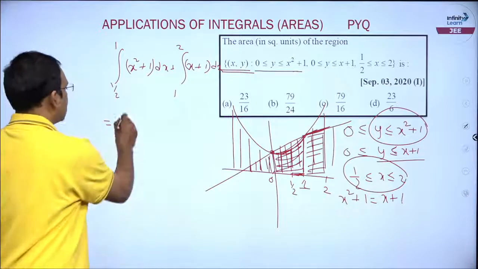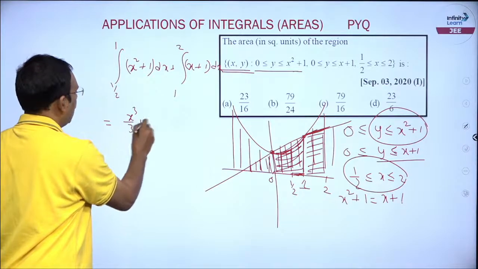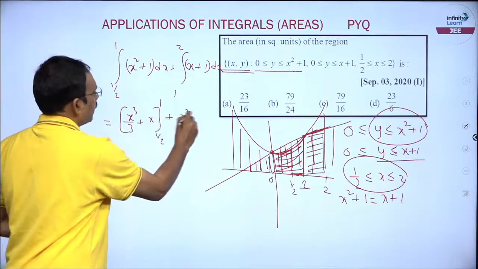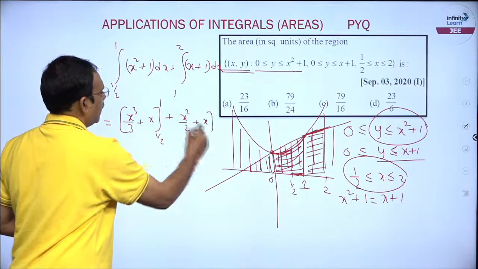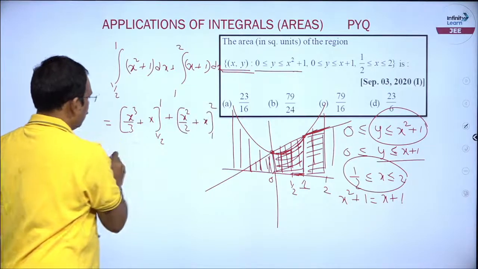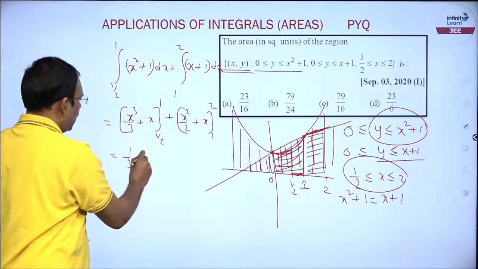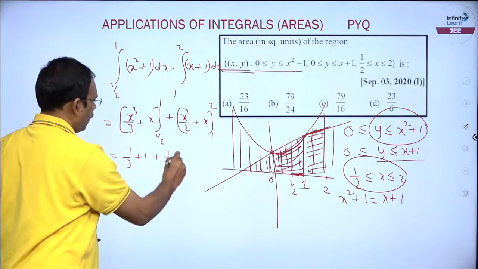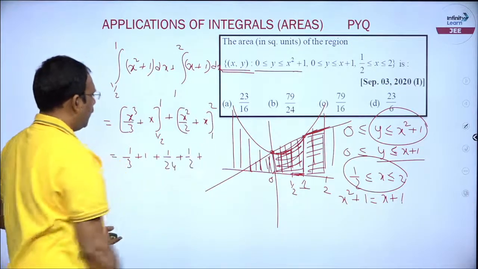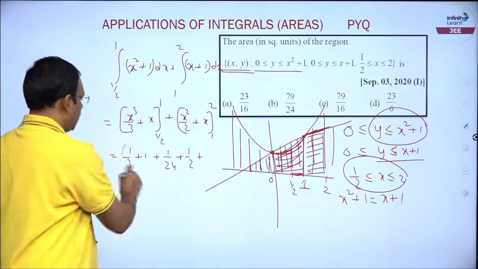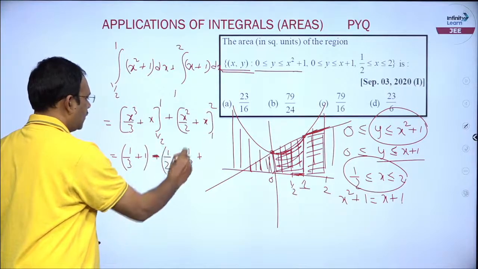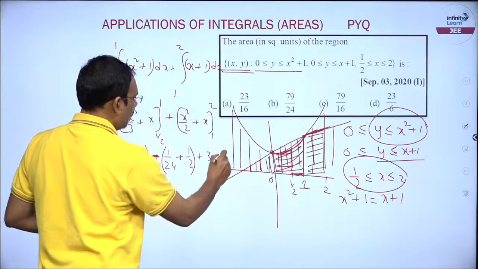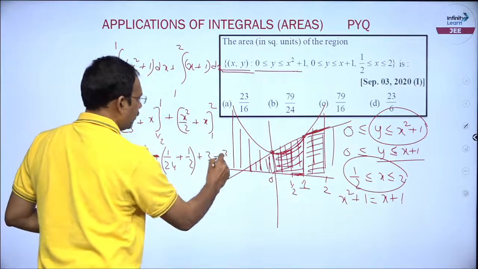I think the integral of x square is x cube by 3 plus x between the limits 1 by 2 to 1, plus x square by 2 plus x between the limits 1 to 2. You just substitute: 1 by 3 plus 1, minus 1 by 8 by 3 which is 1 by 24, plus 1 by 2, plus, you can just see this minus of this part, 4 by 2 plus 1 is 3, minus 1 plus 1 by 2 is 3 by 2.